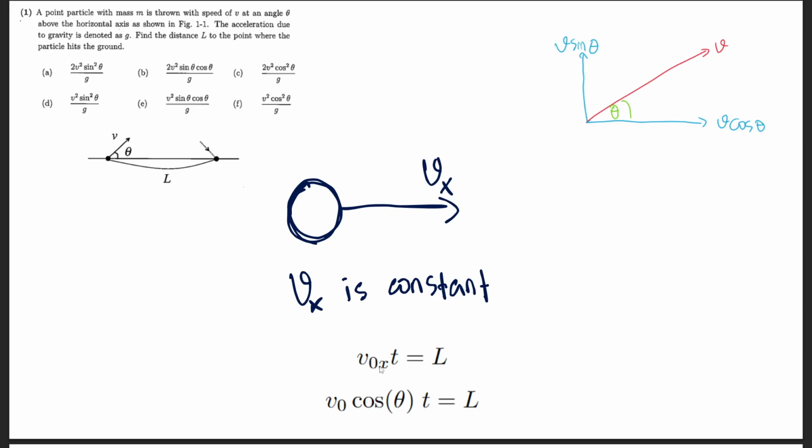So we know that in the horizontal component the distance is v naught cosine theta times t, and we want to know L. But we don't have this equation in the answers, so we need to search for t. We know t by analyzing the vertical component, because the vertical component tells us whether it has finished falling or not.